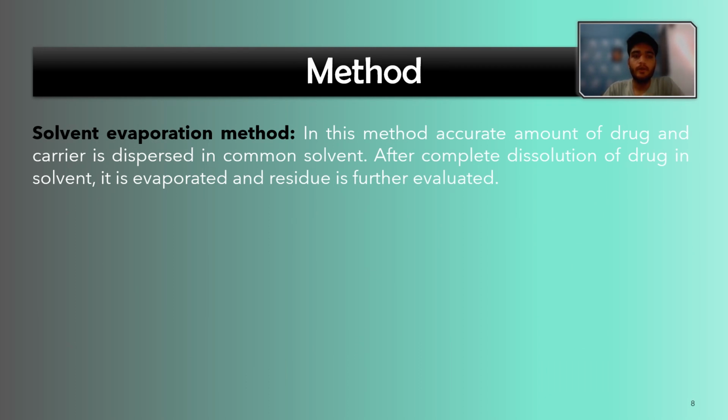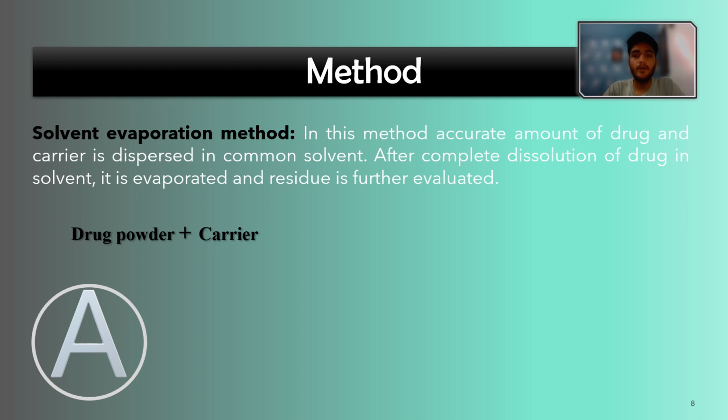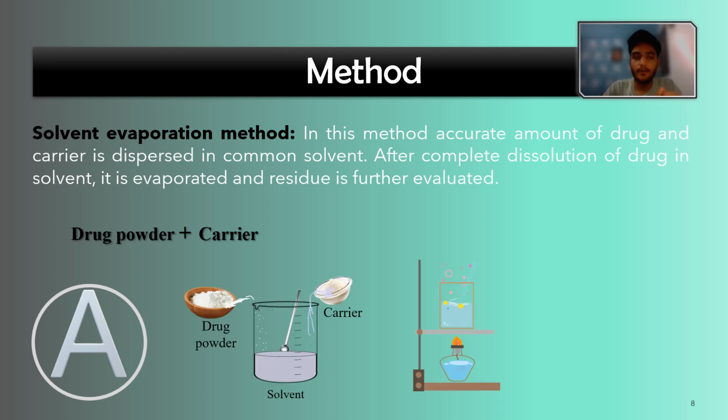A method is the solvent evaporation method. In this method, an accurate amount of drug and carrier is dispersed in a common solvent. After complete dissolution of the drug in the solvent, it is evaporated and the residue is further evaluated. So as you can see down below, drug powder plus carrier in a common solvent.